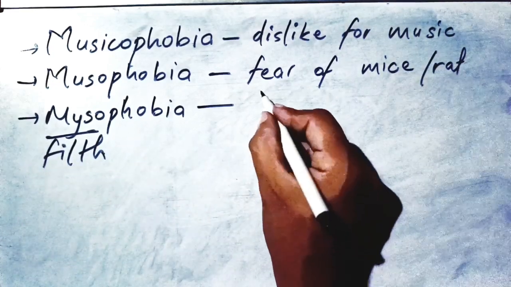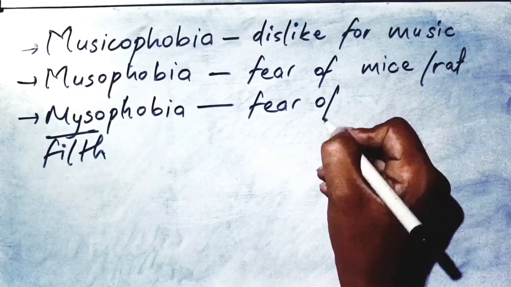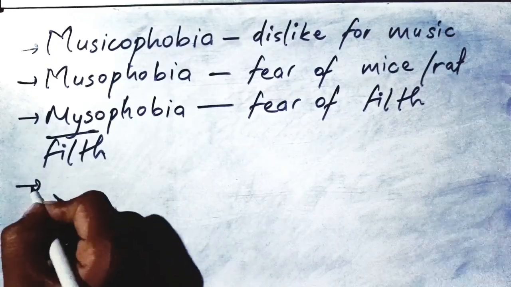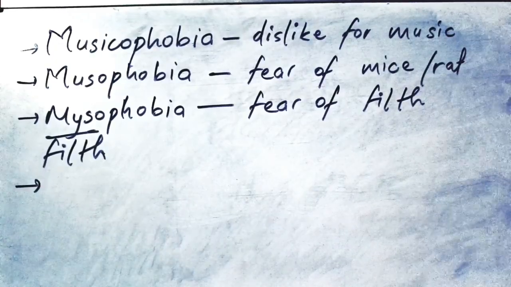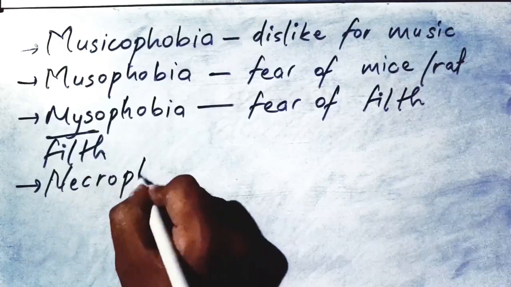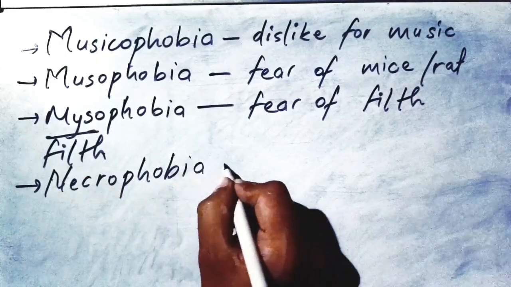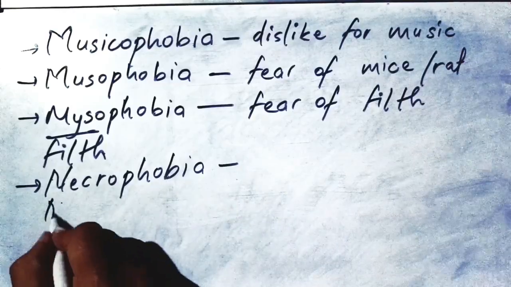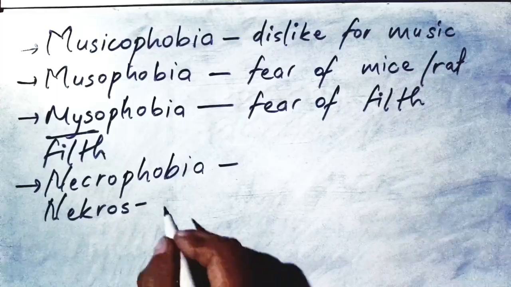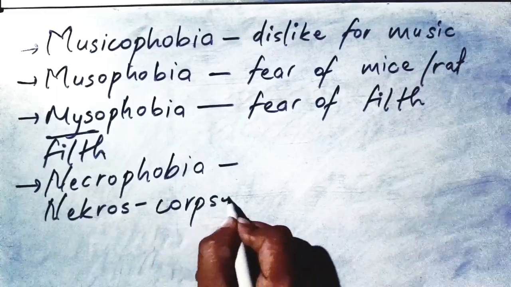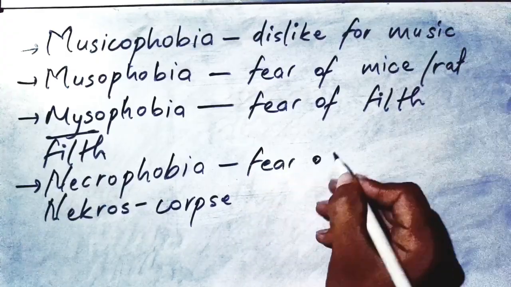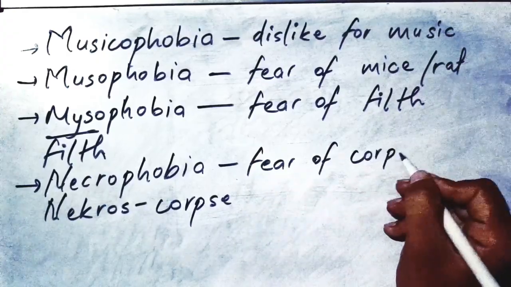Thus, Mysophobia means fear of filth or dislike for filth. Aversion towards filth. Next is Necrophobia. Necro roots to necros, meaning corpse or dead person. Thus, necrophobia means fear of corpse.